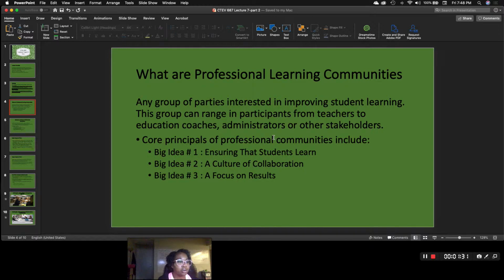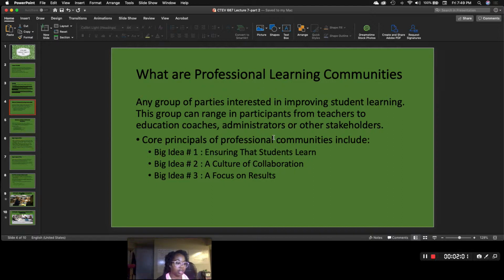We all know to a certain extent what a professional learning community is, but I want to make sure you understand that professional learning communities can include any group of parties, any group of people that would like to improve student learning. This group can range from teachers that arrange themselves or arrange with other folks to include education coaches, administrators, or other stakeholders.